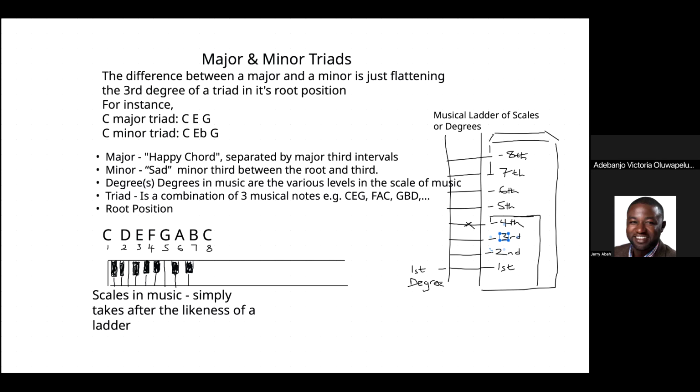Now, if you look at this scale, we have agreed that key C is our first, key D is our second, key E is our third, and then F is our fourth, G is our fifth.